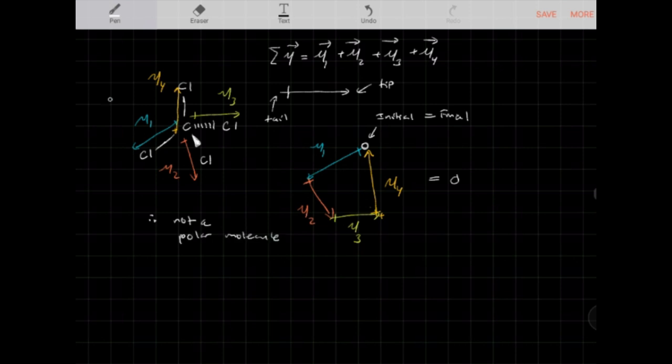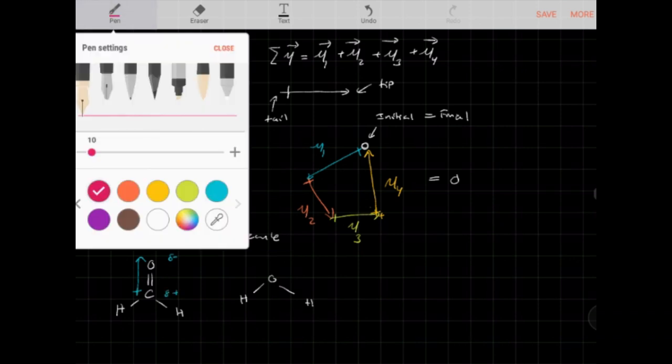I think recently we also checked out these two molecules. We looked at formaldehyde and we looked at water, and I drew out these dipole moments. The dipole moment here was just towards the oxygen. This is partial negative, partial positive.